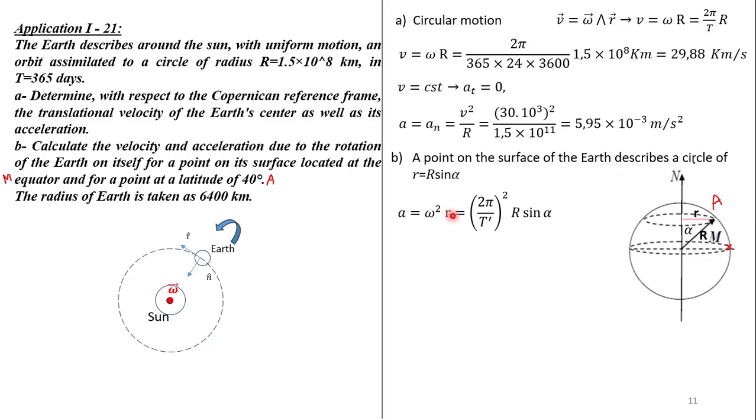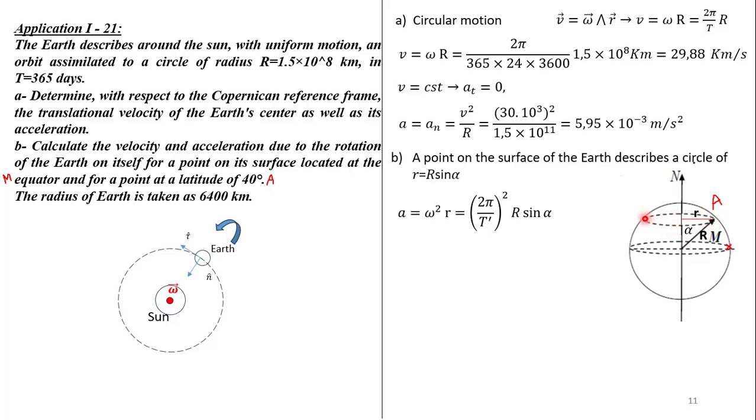What is r? Which radius is to be considered here for r? This small r is the radius of the circle described by the point while it's rotating around the axis of rotation. So this is our axis of rotation, and we need to draw this circle. Point A, for example, is making this circle.